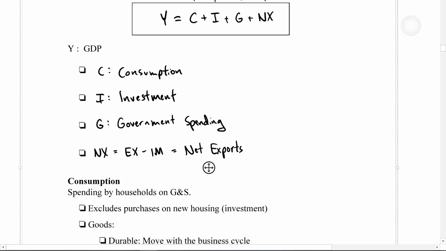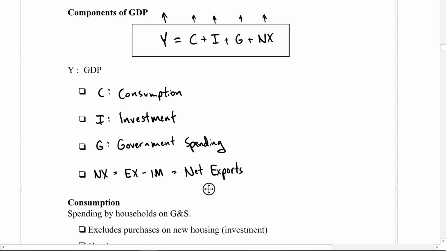And if we do increase those variables, then theoretically, GDP should increase as well. So we're looking to increase these, and that's the type of stuff we'll be talking about in the next chapter. But for now, let's understand what each of these include.